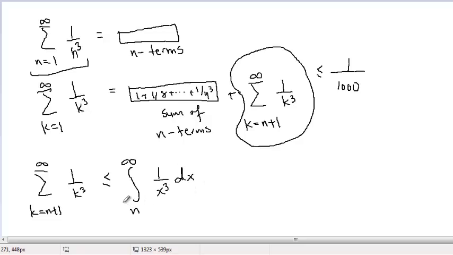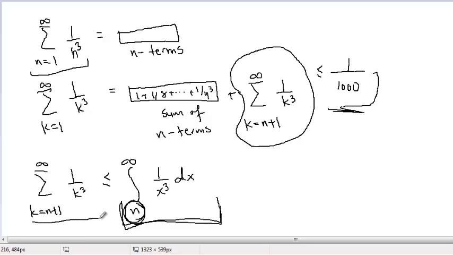So, if I can keep this improper integral less than 1 over 1000 by choosing a correct value of n, then that means I can also keep this remainder term less than 1 over 1000. So if I want to keep this remainder term small, I have to keep this integral small.